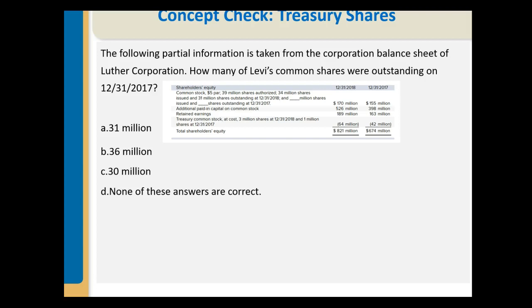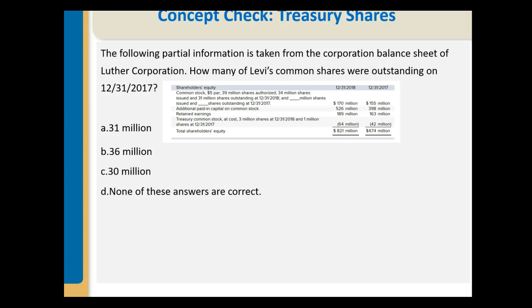So let's go through another problem here. The following partial information is taken from the balance sheet of Luther Corporation. How many of Luther's common shares were outstanding on 12/31/2017? So we can see the difference of 12/31/2017 and 12/31/2018.